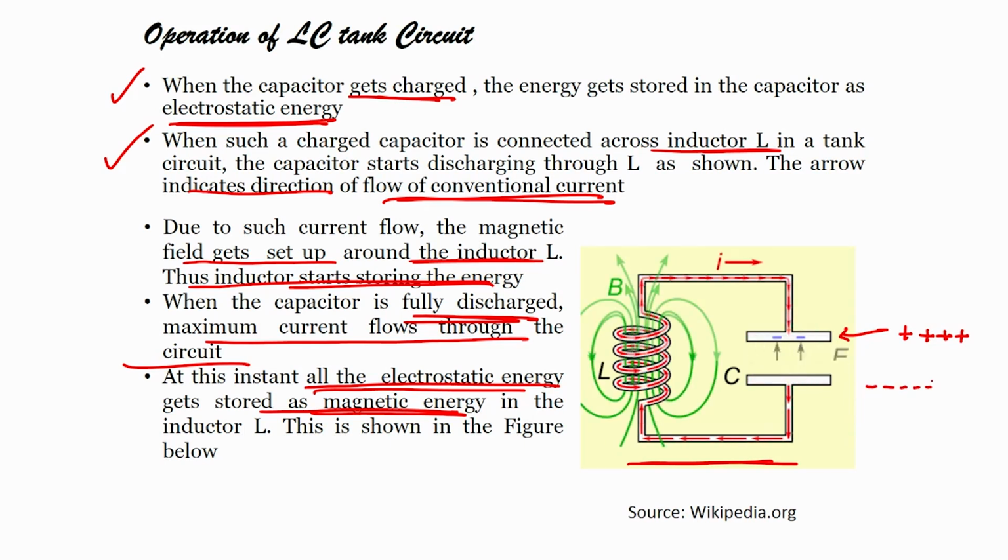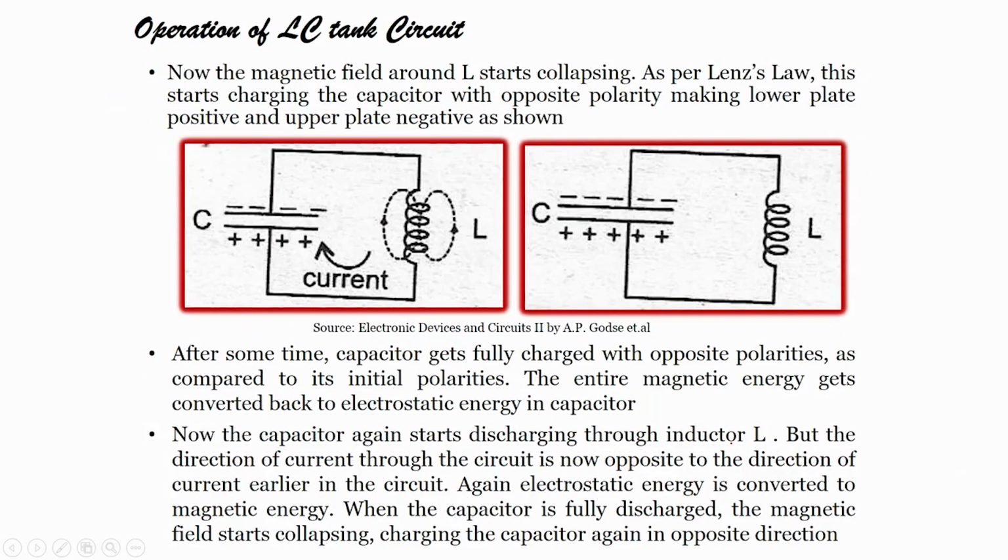When you see that, you will see that maximum electrostatic energy is there. Now, when you connect an inductor, the capacitor will start discharging and the inductor will start charging, that is what is shown here. Initially the capacitor is charged, now the inductor is charged, now the inductor starts discharging and the capacitor will start charging in a reverse direction, we will see here.